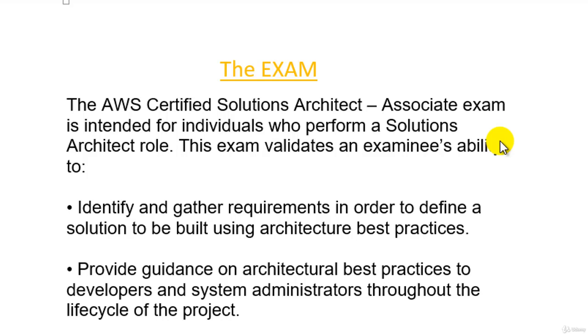infrastructure in the cloud. So the AWS Certified Solutions Architect Associate exam is intended for individuals who perform a solutions architect role. This exam validates an examinee's ability to identify and gather requirements in order to define a solution to be built using architecture best practices.